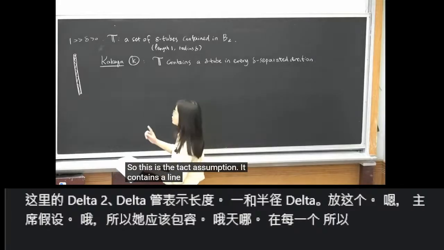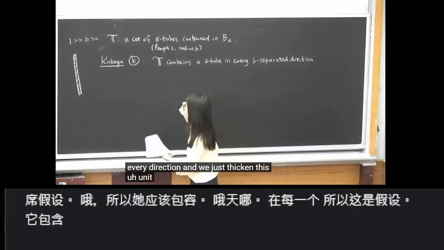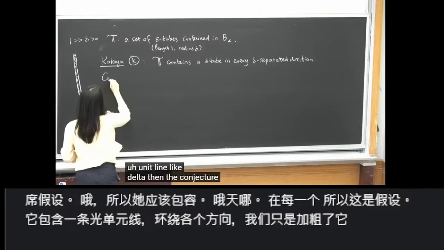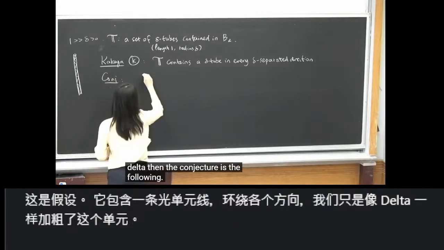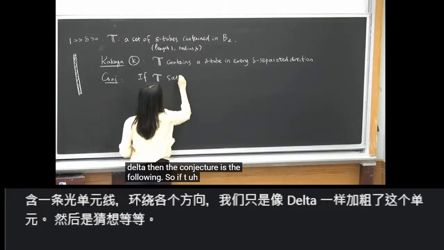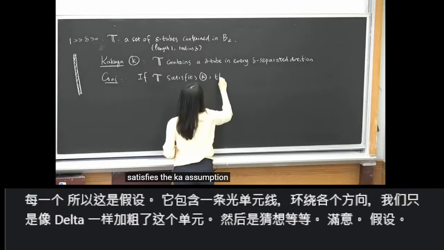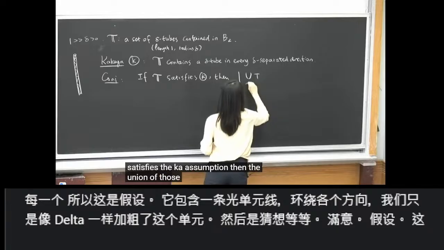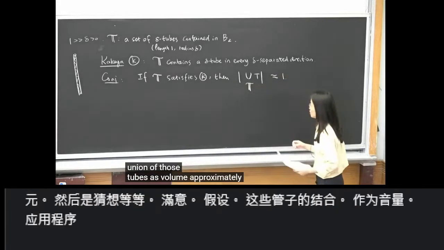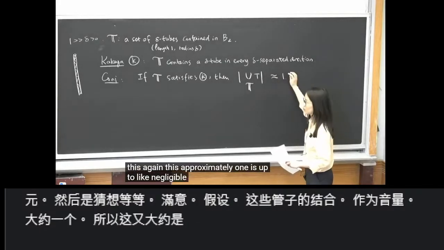It contains a unit line segment in every direction, and we just thicken this unit line by delta. Then the conjecture is the following. If T satisfies the Kakeya assumption, then the union of those tubes has volume approximately 1. Here approximately 1 is up to negligible powers of delta.